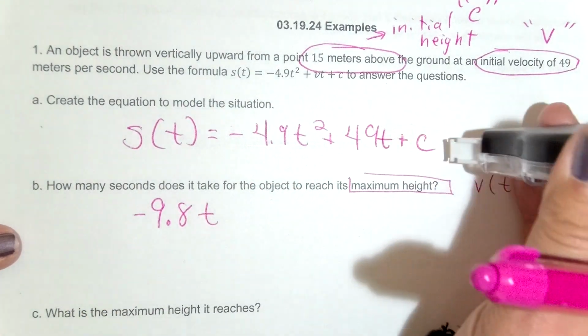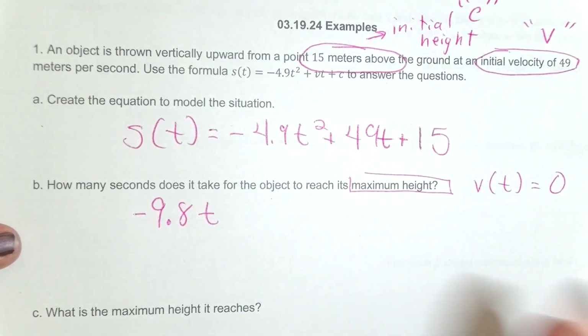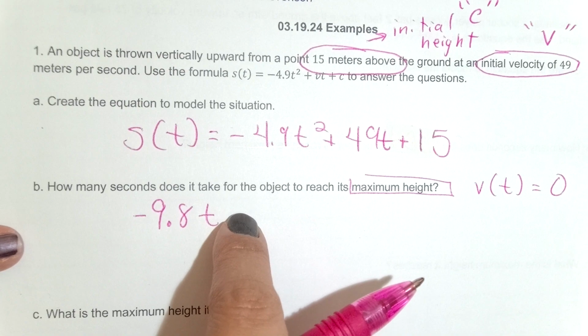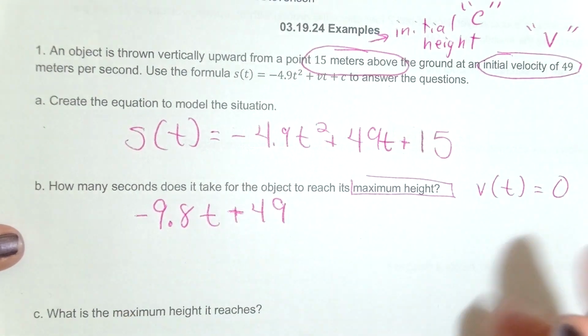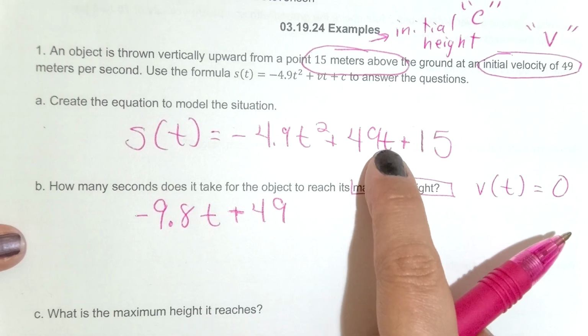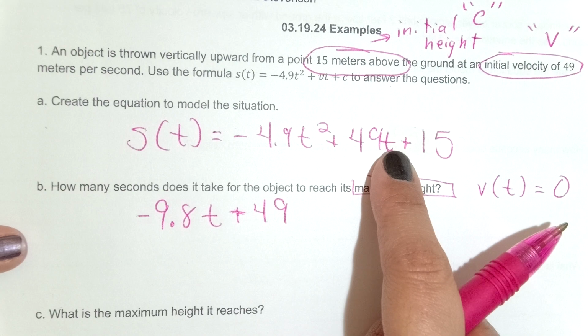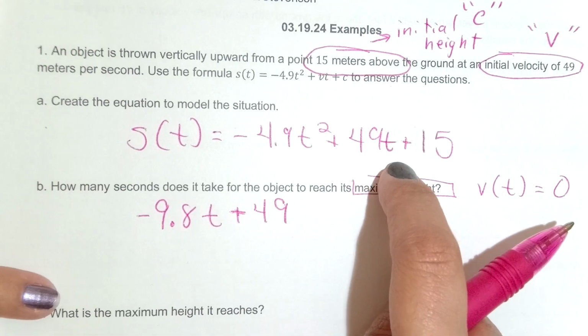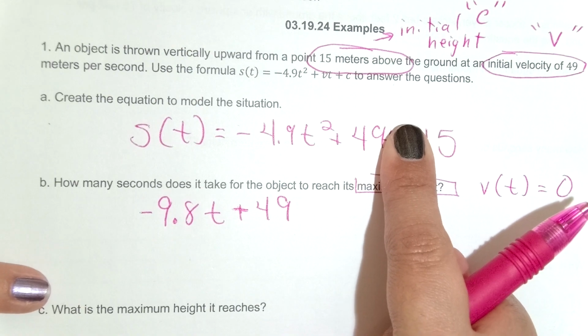Oops. Hey guys, why didn't you tell me I made a mistake there? There should be 15. Plus 49. A lot of you are still putting the t with this. This is a linear term. It has to take away one of the variables. There's only one there left, so it becomes 49.